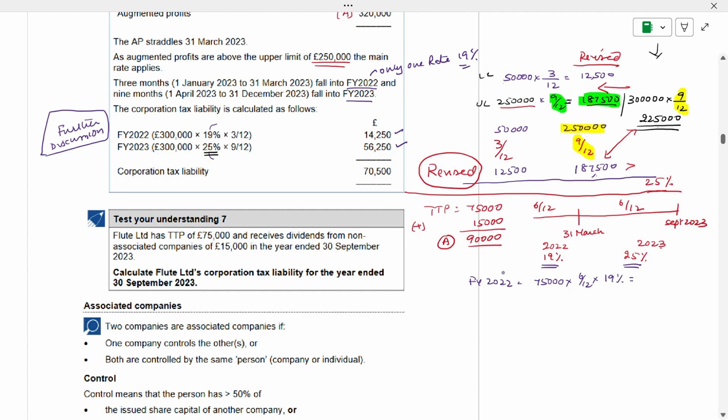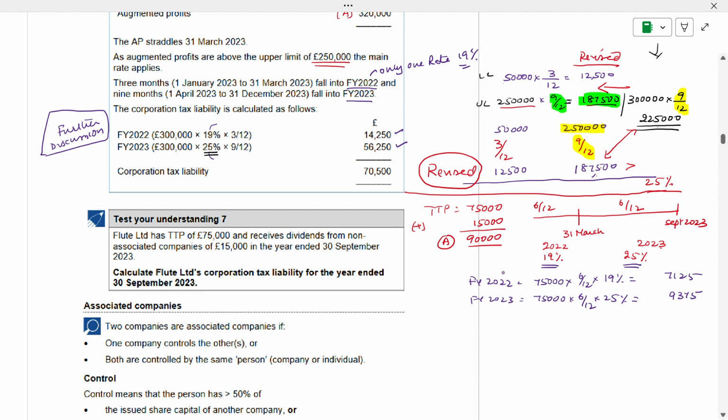Now, this is 6 by 12. For the financial year 2022, how much is that? 75,000 times 6 by 12 times 19%. How much will you get? 7125.